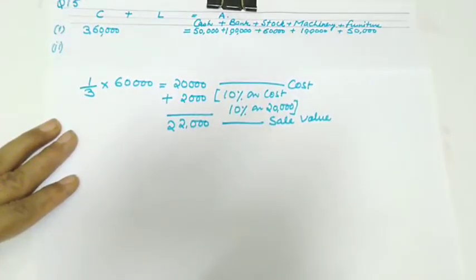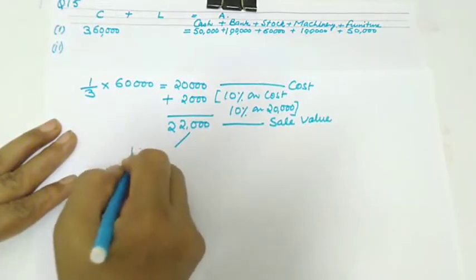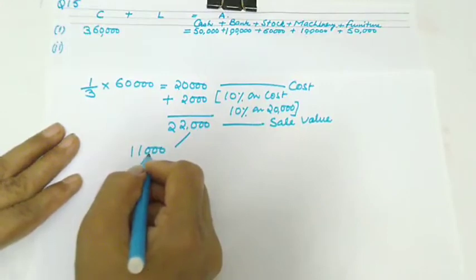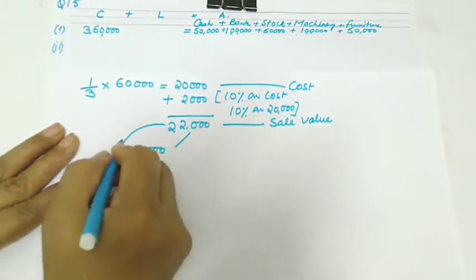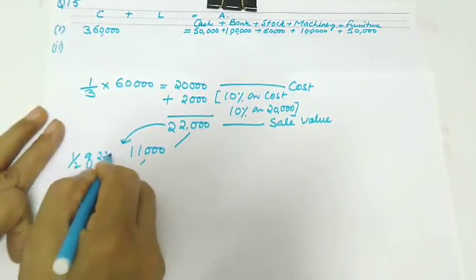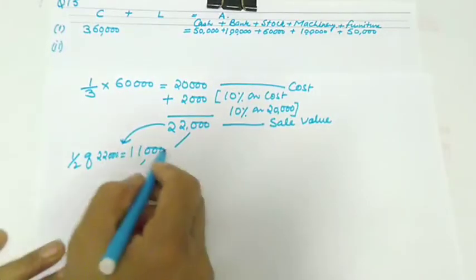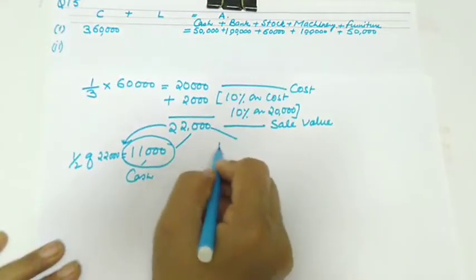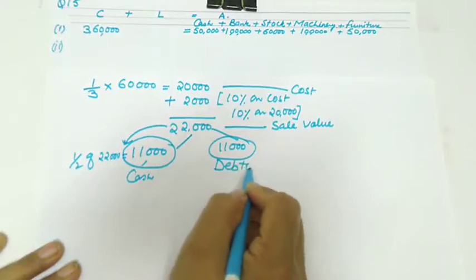And further it says that half the payment is received in cash. So half of 22,000 is 11,000. So half payment you received in cash, and rest half is still in the form of debtors.